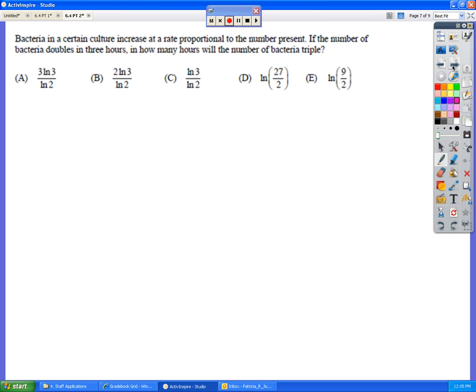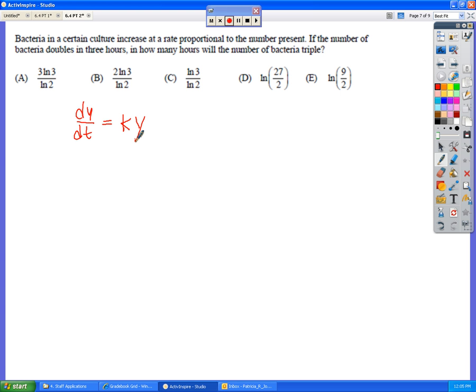Next problem. Bacteria in a certain culture increases at a rate proportional to the amount present. All right, so let's start with that. The amount present, so that would be ky. So that kind of goes back to what we just did a second ago.